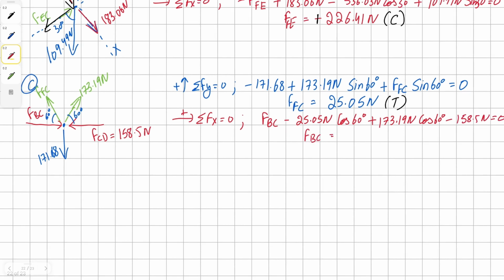Solving for force BC, we get our solution as 84.43 Newton. Having our solution in positive, this means our vector direction is correct, and this tells us that this member is in compression.